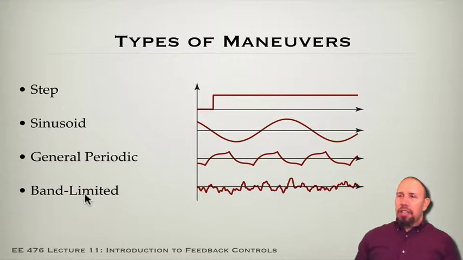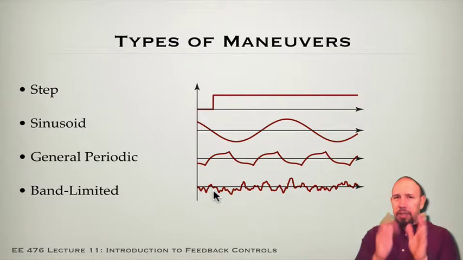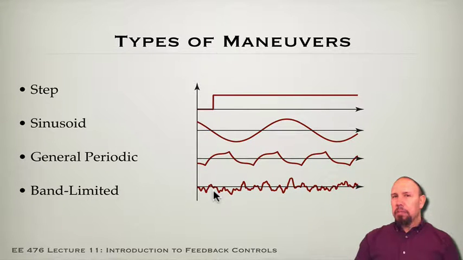And so you have your input is a general periodic type of maneuver. So it just does the same thing over and over again. We could also have, as a type of maneuver, some kind of band-limited signal. Okay, so band-limited signal means we're limiting the frequency content of that signal, and in time domain, that refers to not being able to move too fast. Okay, it's basically a limitation on how fast we can move our system.